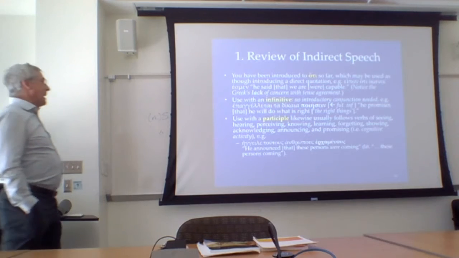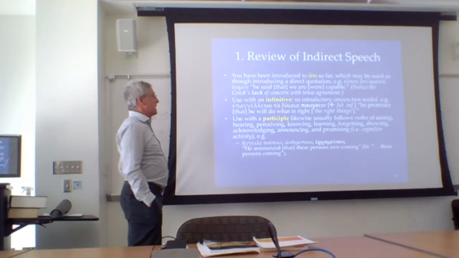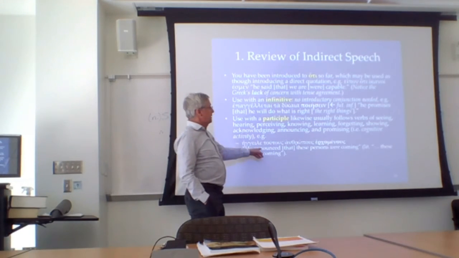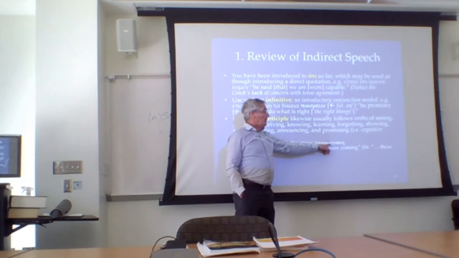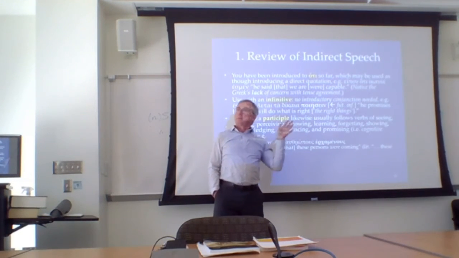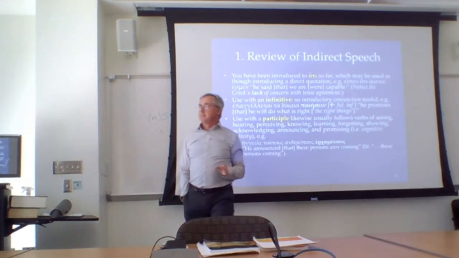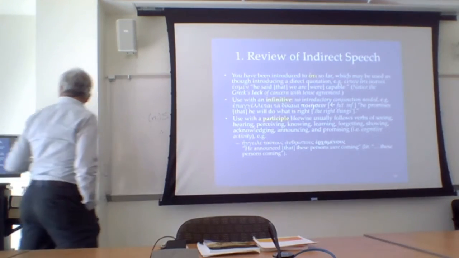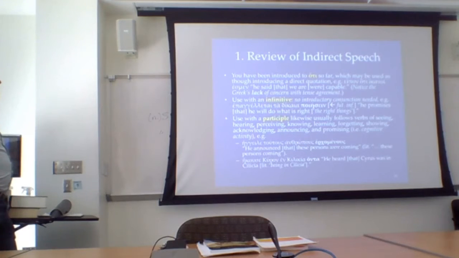So, engeile toutous anthropous epiontas, he announced these persons were coming, literally these persons coming. Participial use of coming. Alright, and ekousa Kuron en Kilikia onta, from Xenophon. He heard that Cyrus was in Cilicia, literally being in Cilicia. Notice that onta agrees with Kuron there.